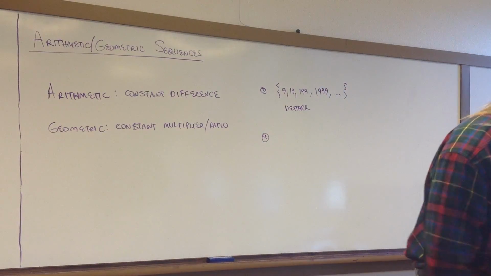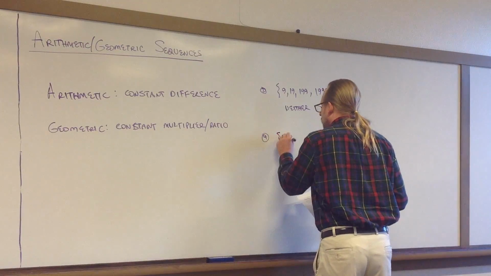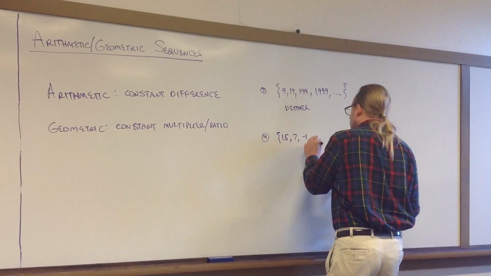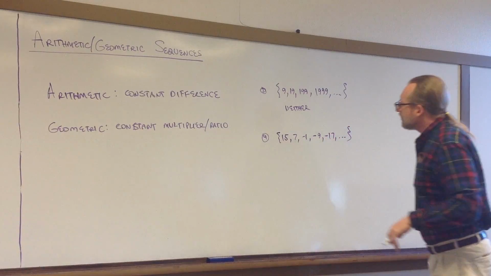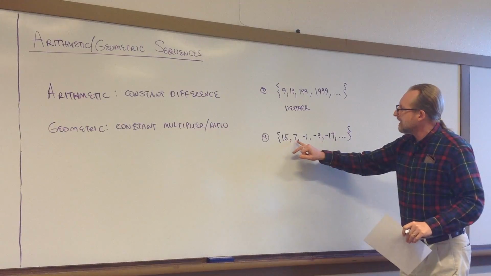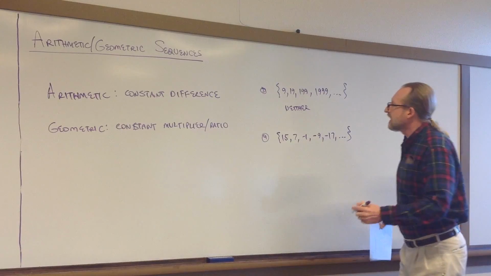Problem 4. We've got 15, 7, negative 1, negative 9, negative 17. So if you recognize 15 minus 8 is 7, 7 minus 8 is negative 1, negative 1 minus 8 is negative 9.